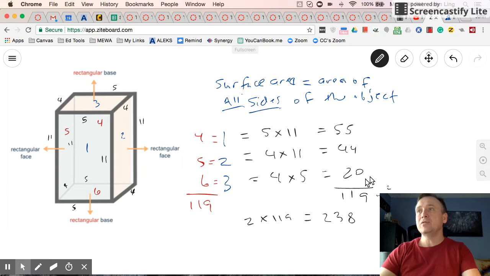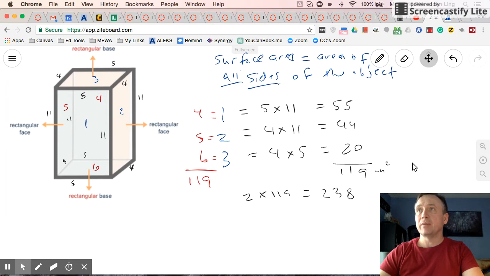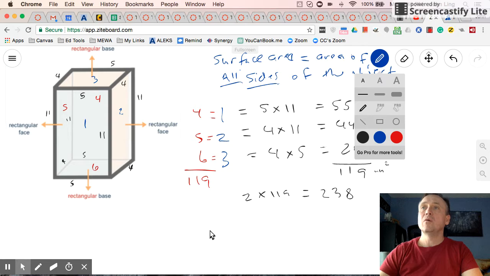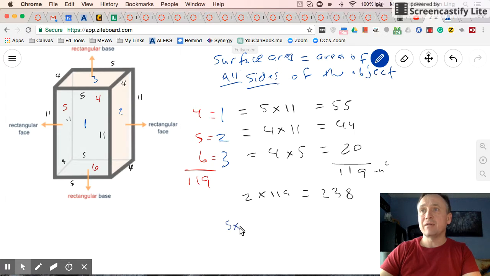Now, you can also look at it this way. Let me scroll down just a little bit here. We have 5 times 11 was side 1, plus 4 times 11 was side 2, plus, because we're just adding these, we add each area together.